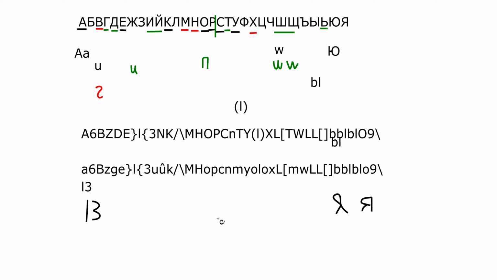So if I was writing Tanya, I'd have a T, and then let's see. Now, I never learned Russian Cyrillic, obviously, but I feel like I can figure it out. There, Tanya.